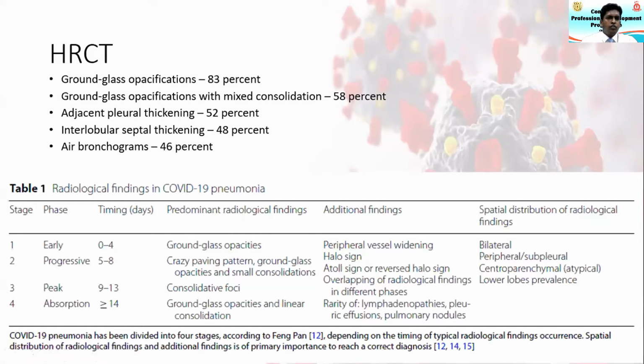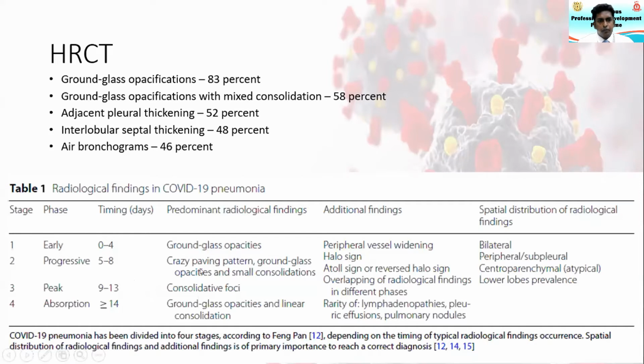HRCT is one of the very specific tests with which you can confirm the diagnosis. The commonest finding in early disease is ground glass opacity, and as it goes along, you can see more consolidation and adjacent pleural thickening. This diagram shows the early disease and what happens as it progresses. First is ground glass, within 4 days.